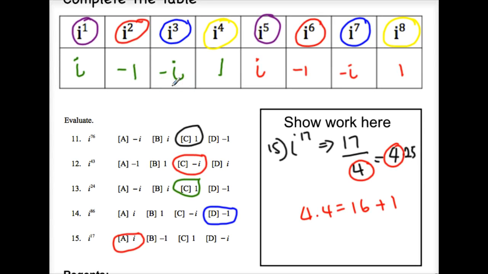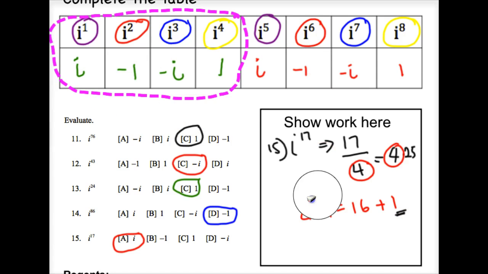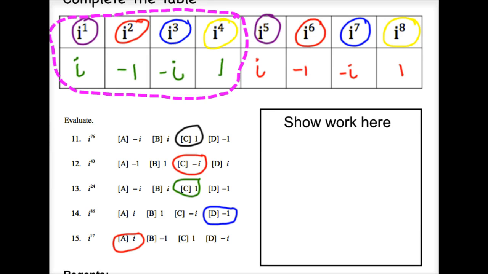Remember, pause the video, look at it again. You have to remember this pattern right here. The first 4. That's what's going to get you through this. And whatever the remainder is, that's what you choose. So the first thing you want to do is write that. This is how I remember it, with the ice cream.